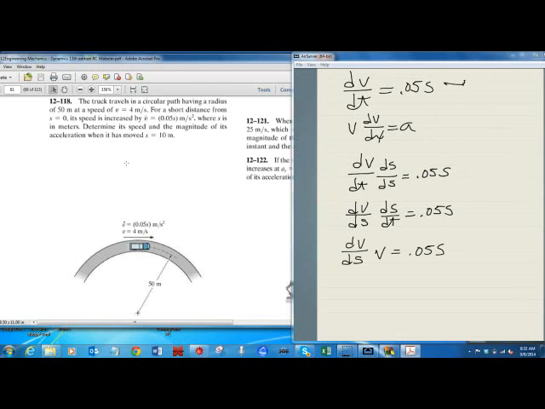dV dS. Okay, separate the variables. Don't peek. You do it. Now separate the variables and integrate it.